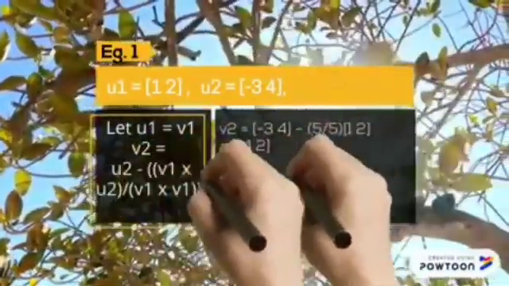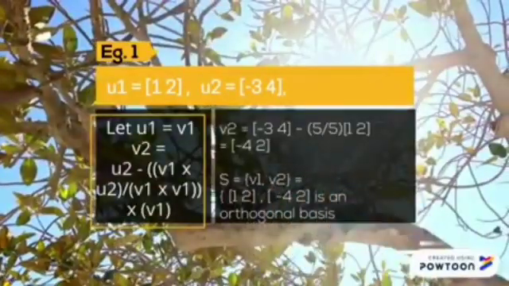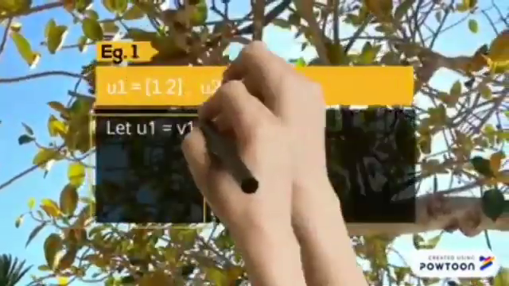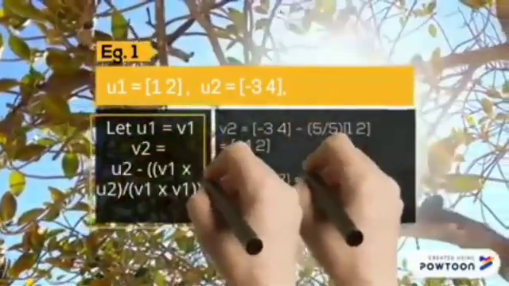Of (1, 2) and (-3, 4). First, let v1 equal u1, then we find that v2 equals u2 minus (u2 dot v1) over (v1 dot v1) multiplied by v1.